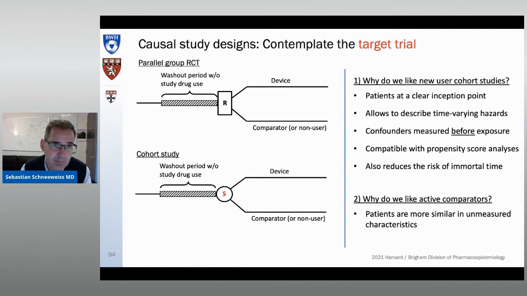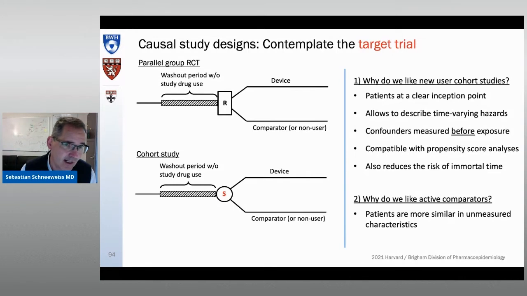I think we had this with hip implants. But in pharmacoepi, often we are dealing with active comparators. Most of the time we do have a reasonable alternative. That is different in device epidemiology. In the lower left corner, you see the translation of the parallel group randomized controlled trial into a non-randomized design, which is the cohort study.